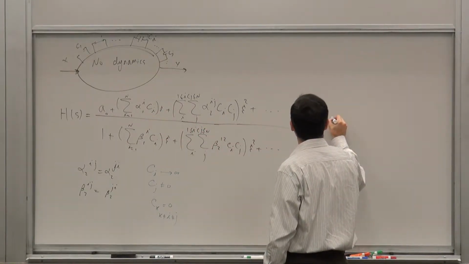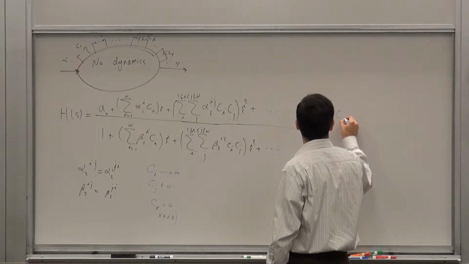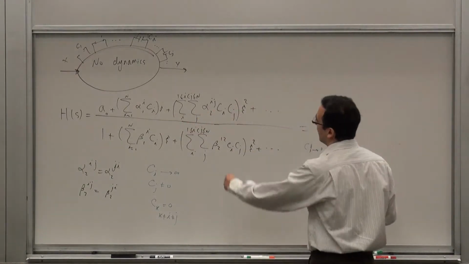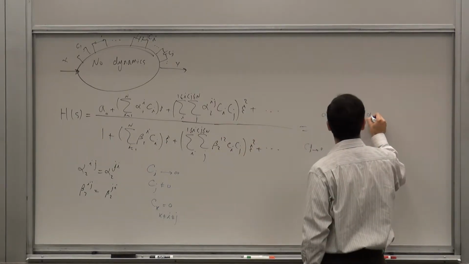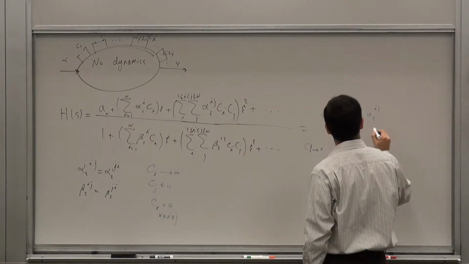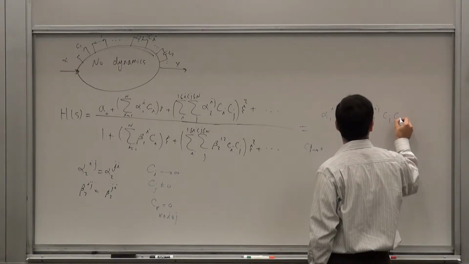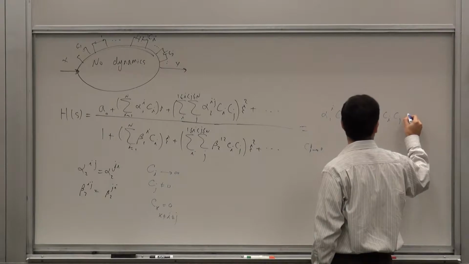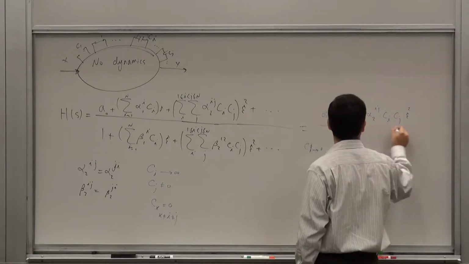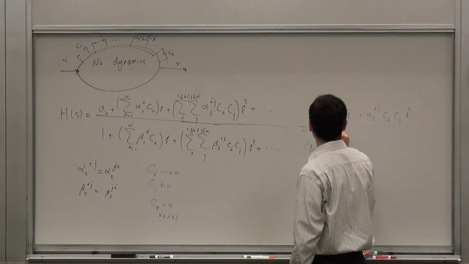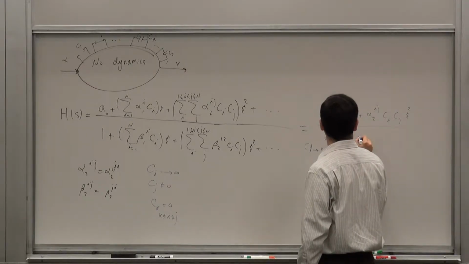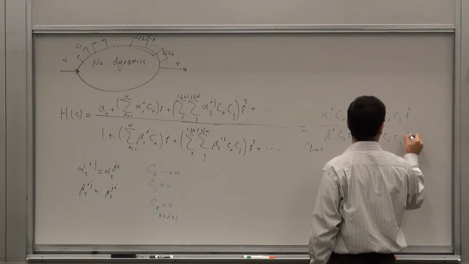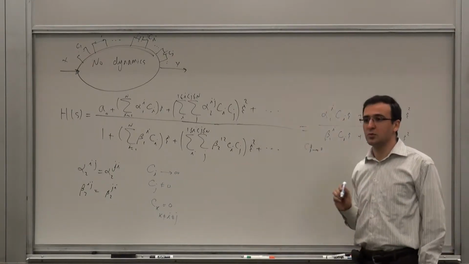So you have alpha 1 i Ci s from this sum, and then alpha 2 ij Ci Cj s squared, divided by the same thing with betas. And the higher order terms would be 0 too.